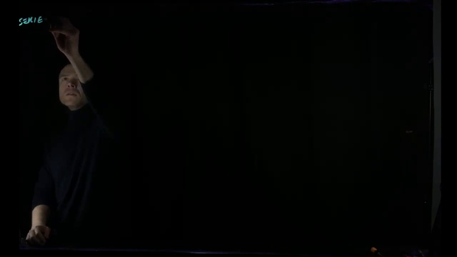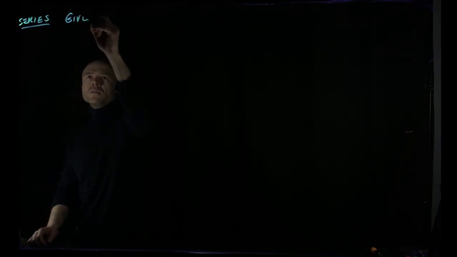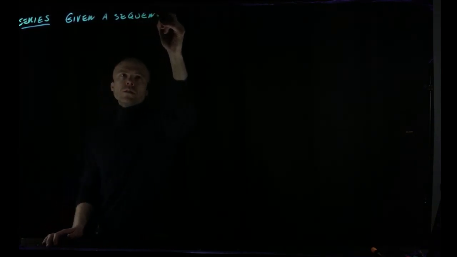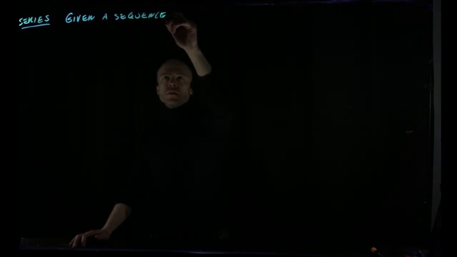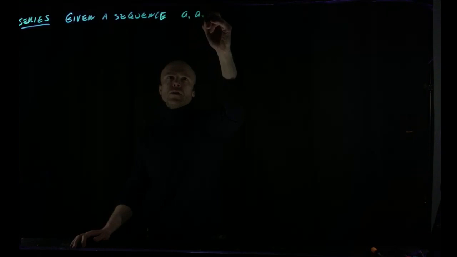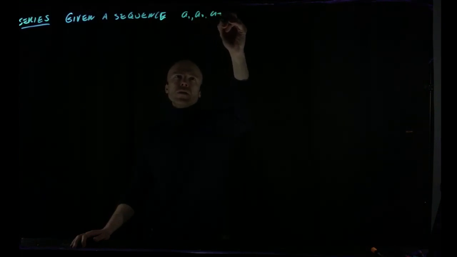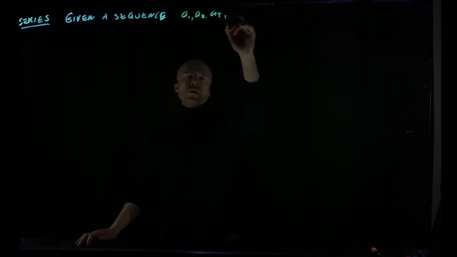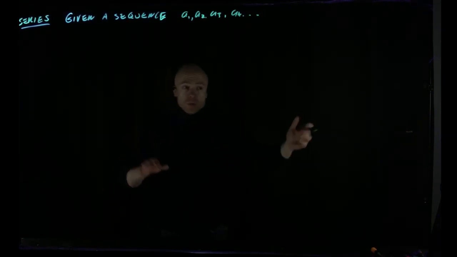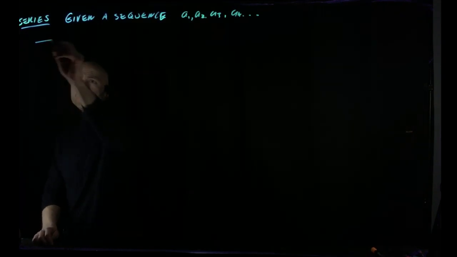Now we talk about series. So given a sequence a_1, a_2, a_3, and so on, you might want to actually add them up, add up all this infinite number of terms, right?